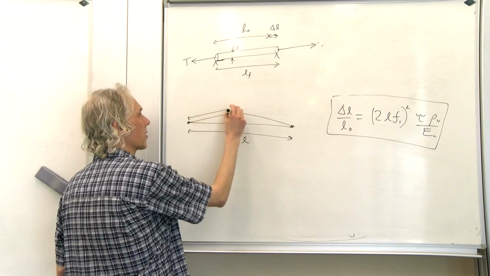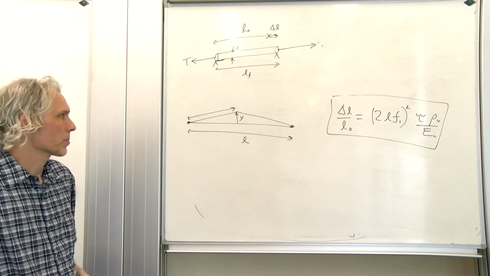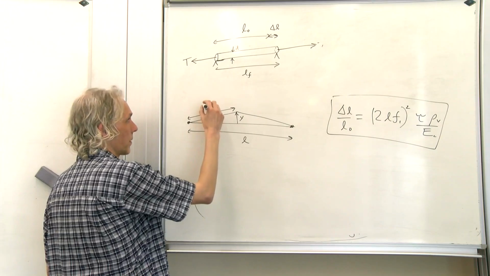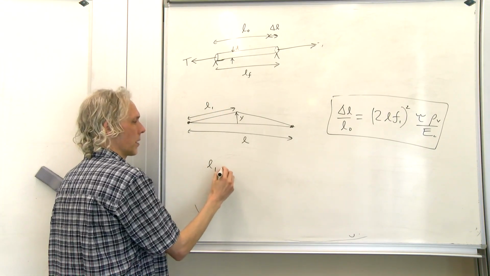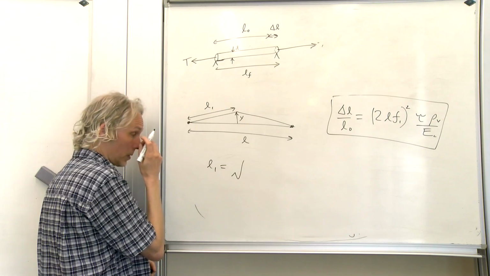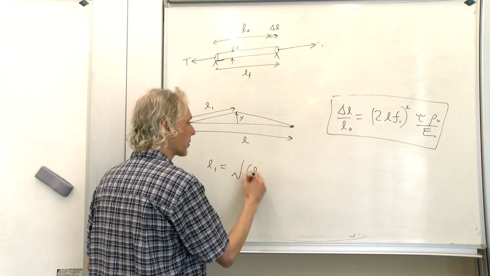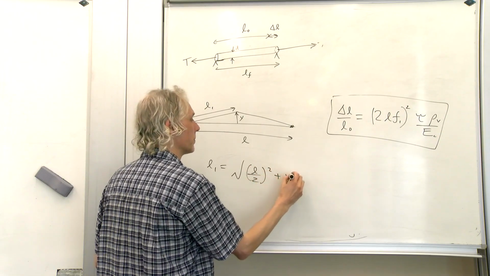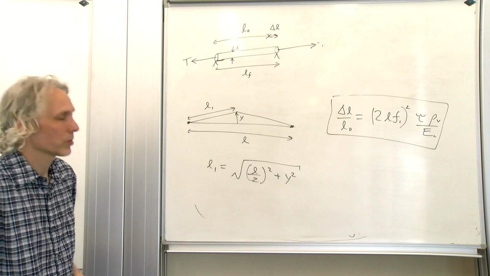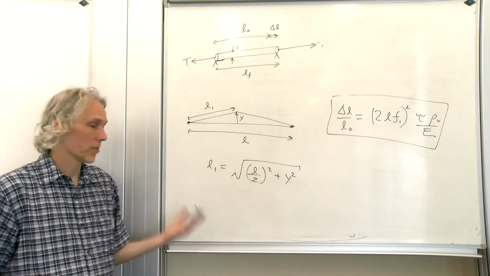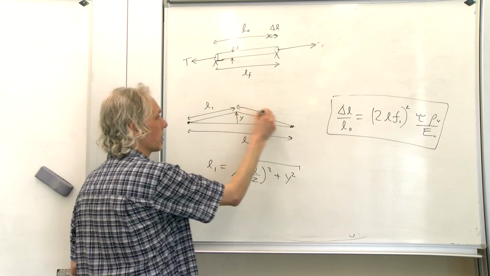What's this distance up here? Well, that distance up here is going to be, let's call it L1 for the moment. L1 is going to be the square root of (L over 2) squared plus y squared. Now, what happens to the length of the string? How much does it change? Well, clearly there's an L1 here as well.